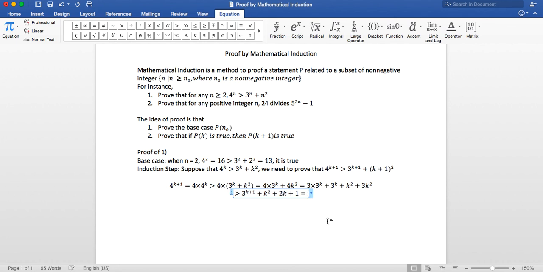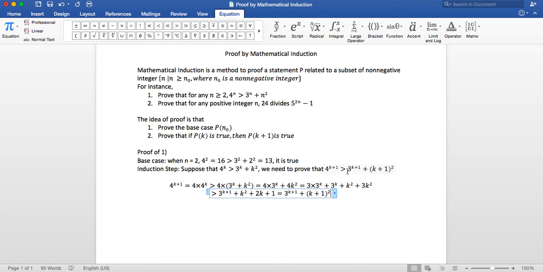Now, let's continue. From here, this will be 3 to the k plus 1 power plus, notice k squared plus 2k plus 1 is k plus 1 squared.